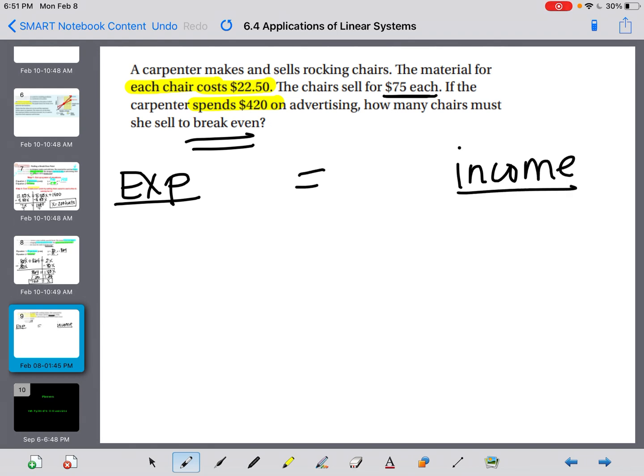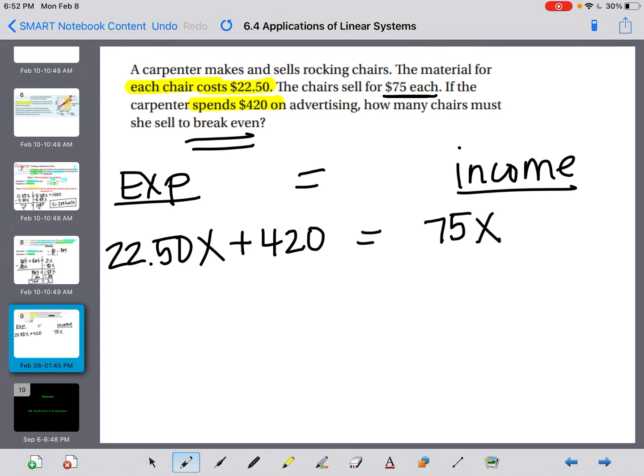Our expenses, or what we spent our money on, what the costs were, is $22.50 for each chair. So that's $22.50 times however many chairs we make. He also spent, so add on, $420 for advertising. His income is that he's going to sell these chairs for $75 each.